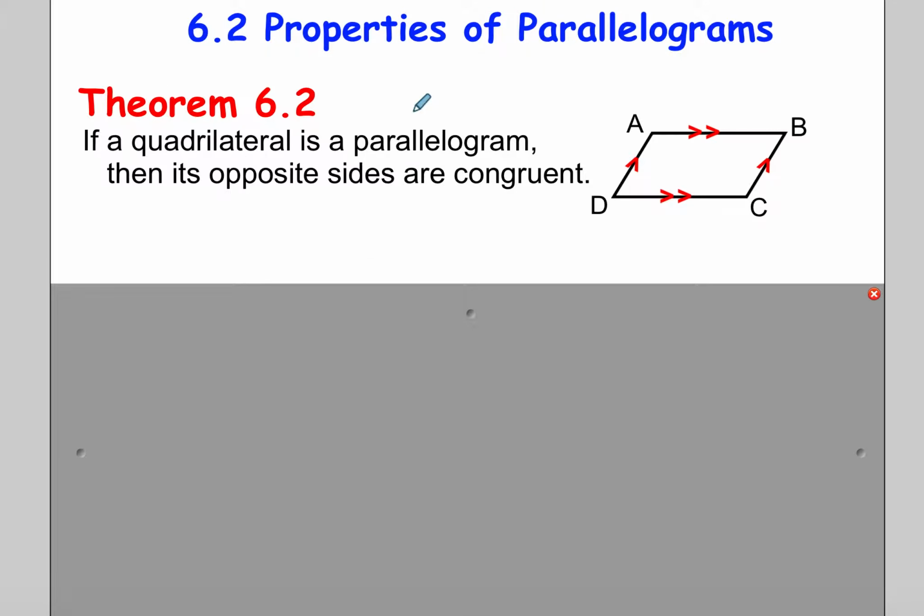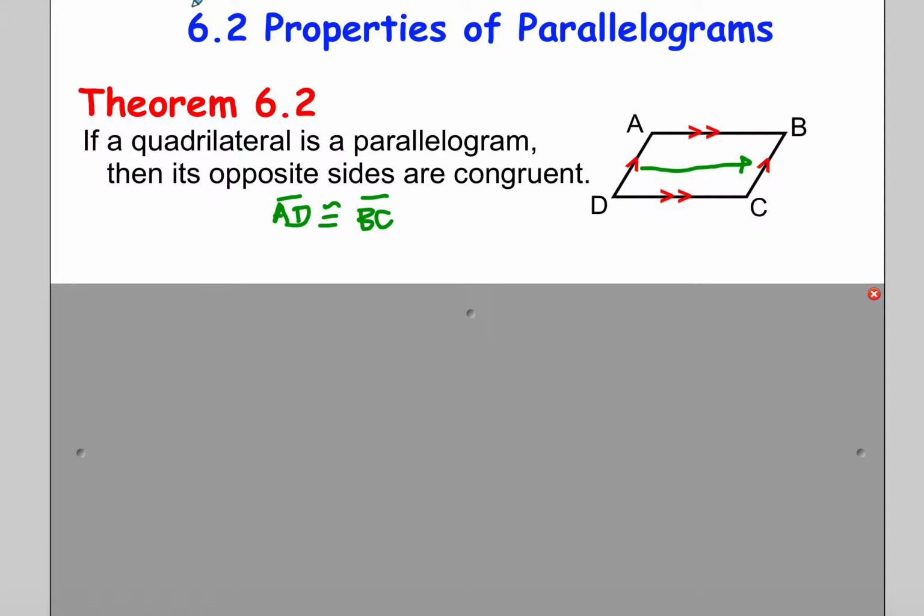Theorem 6.2 says, if a quadrilateral is a parallelogram, then its opposite sides are congruent. So here we could also say, we don't just know that these are parallel, we could also know that side AD is also congruent to its opposite side, which is BC.